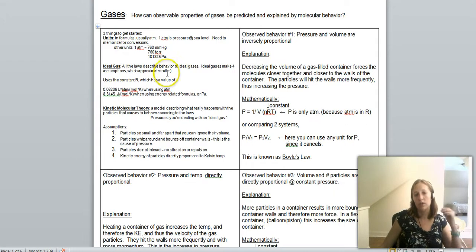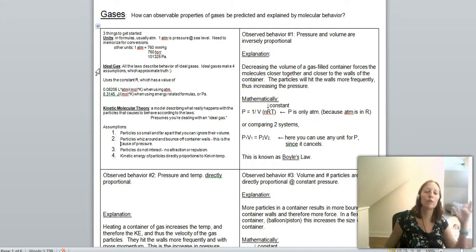What we are talking about is ideal gases. We'll get to real gases at the end of the gas chapter, and what they mean by ideal is, like, if everything in the world were perfect, gases would behave exactly like this. And unfortunately, it's not true.